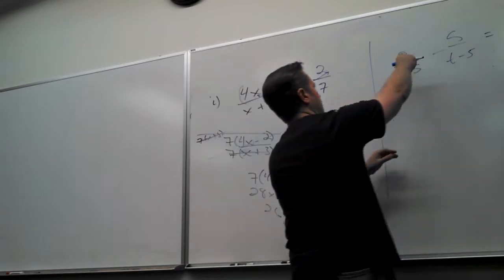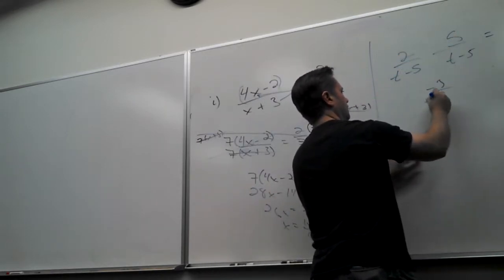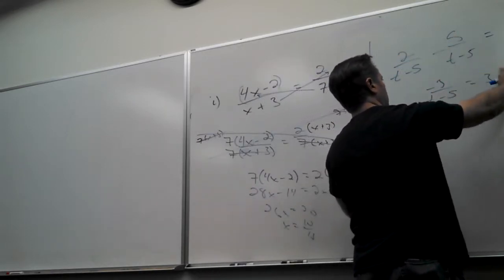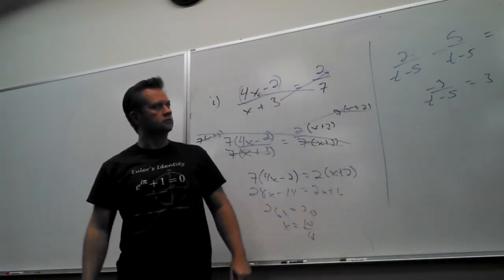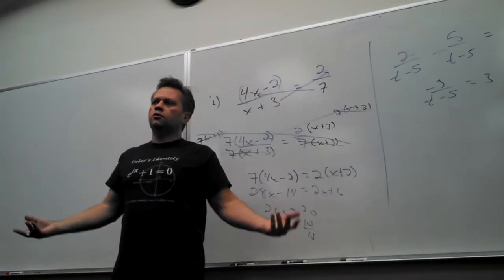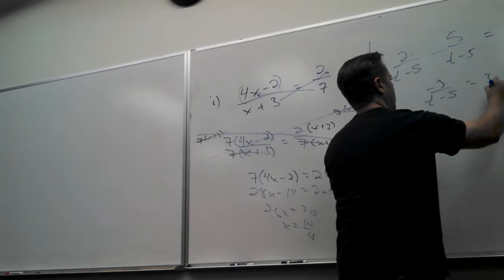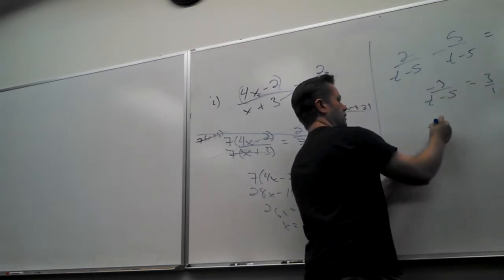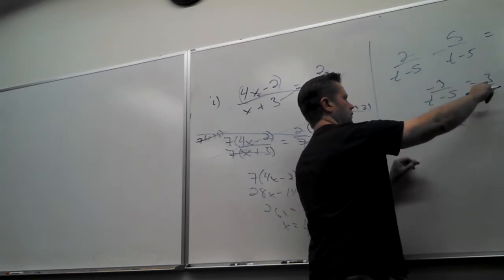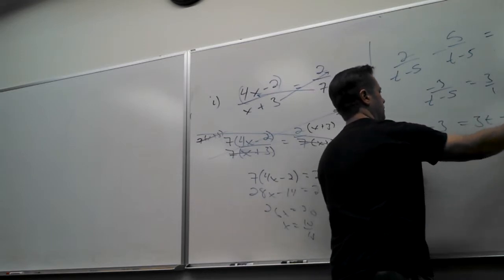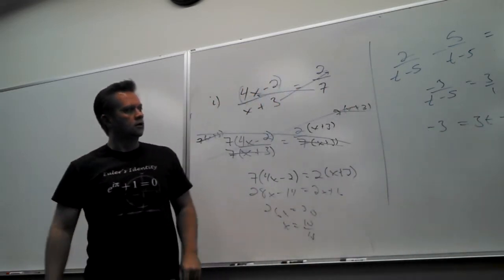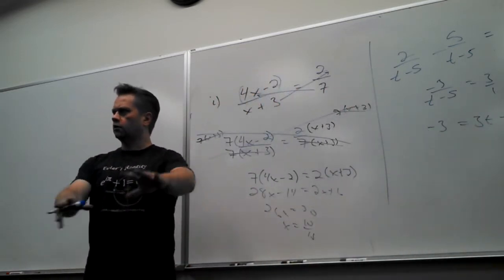So what do you get? Negative 3 over t minus 5. And then what can I do? Cross multiply. Yeah, you could cross multiply, sure. So I get 1 times negative 3 is negative 3 equals 3 times t minus 5 is 3t minus 15. Is that cool? And then you're there.